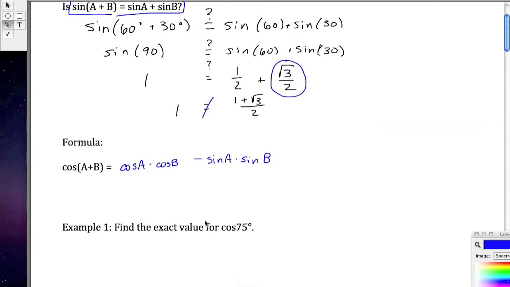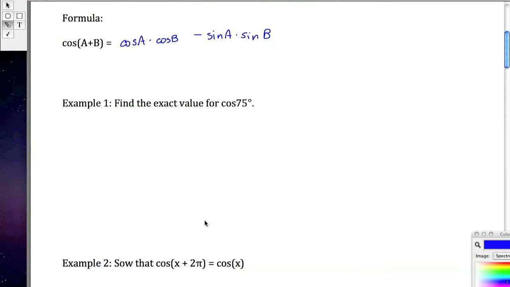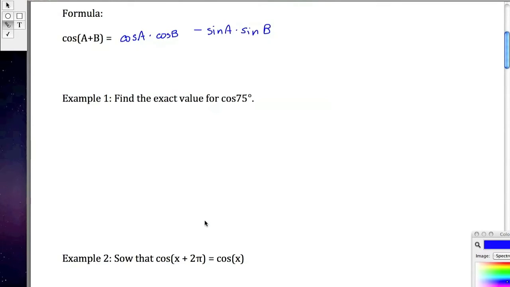And so when I move down to example 1, I'm going to use this formula to solve this problem. Instead of thinking about 75, which I don't have on my unit circle, I'm going to break 75 up into cosine of 45 plus 30, because 45 and 30 are values that we know on the unit circle.